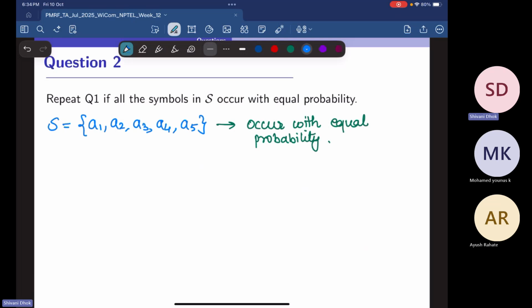What does that mean? It means that the probability of Ai is equal to 1 over the total number of values, that is 5, for all i in 1, 2, 3, 4 and 5.